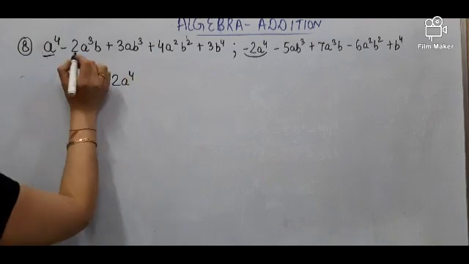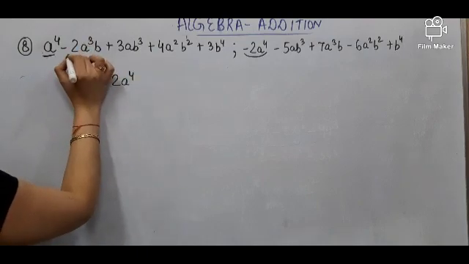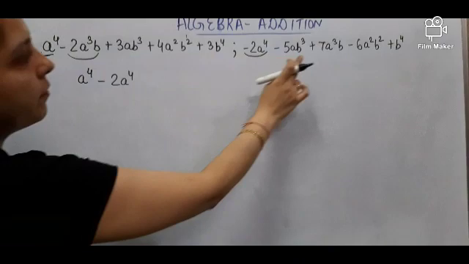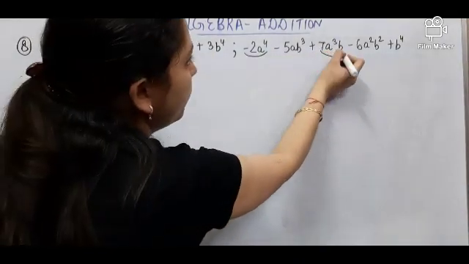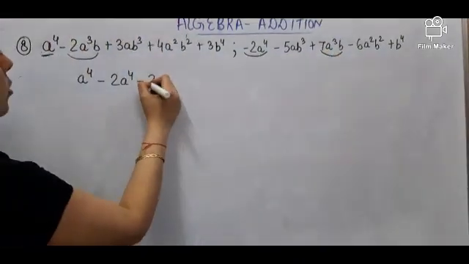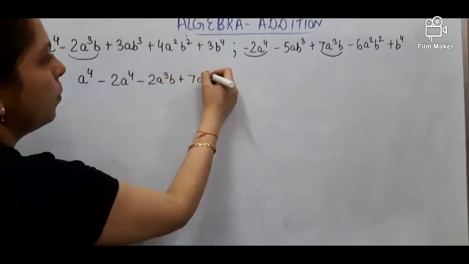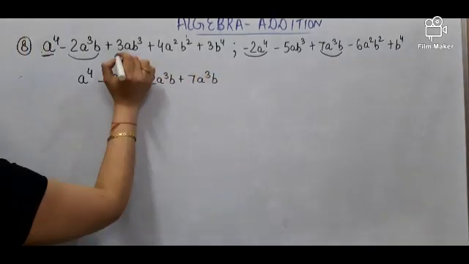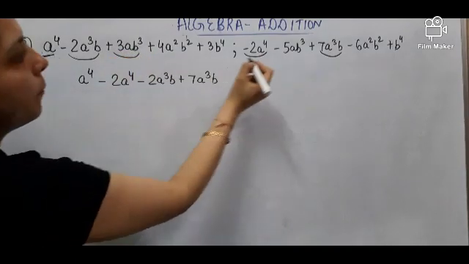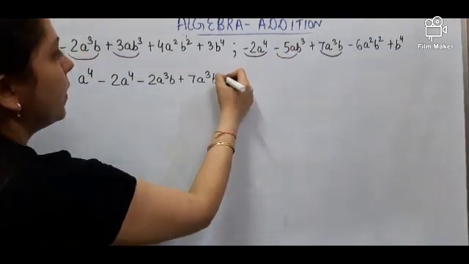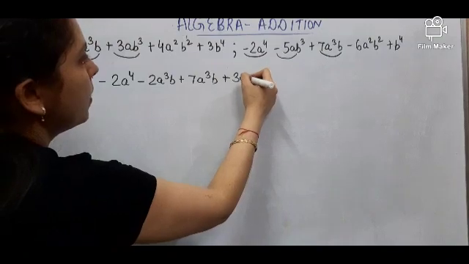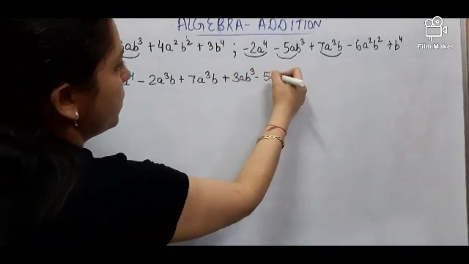Now a cube b. Find a cube b. So a cube b is here. So minus 2a cube b plus 7a cube b. Now ab cube. Find ab cube here. So plus 3ab cube minus 5ab cube.